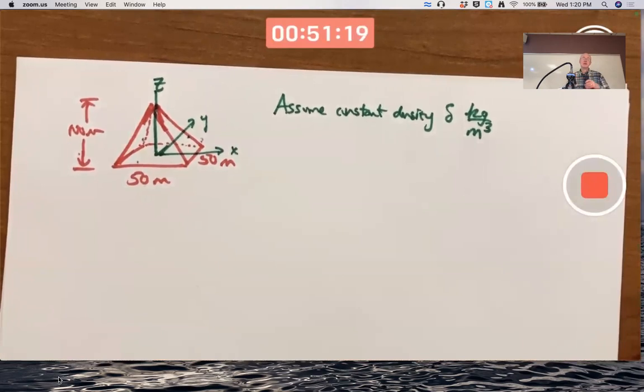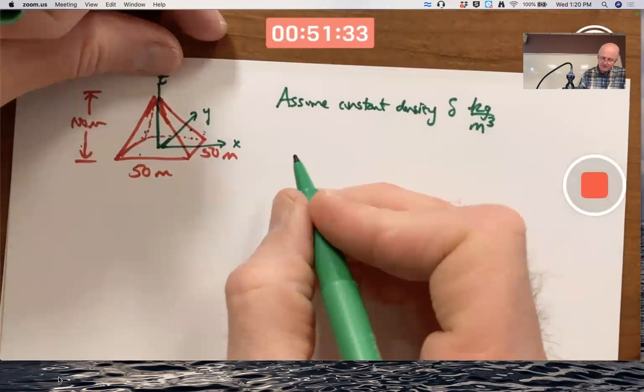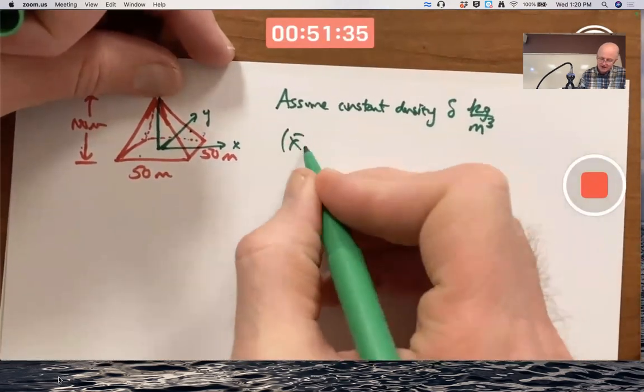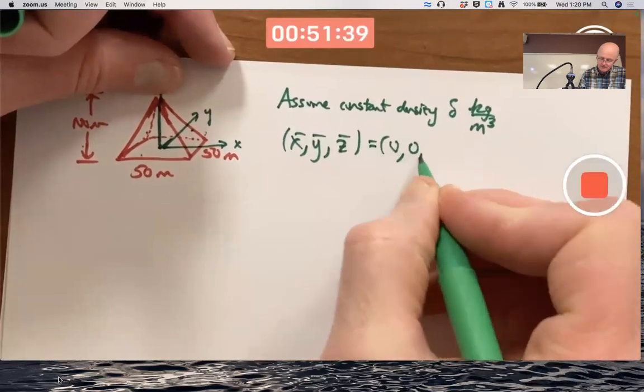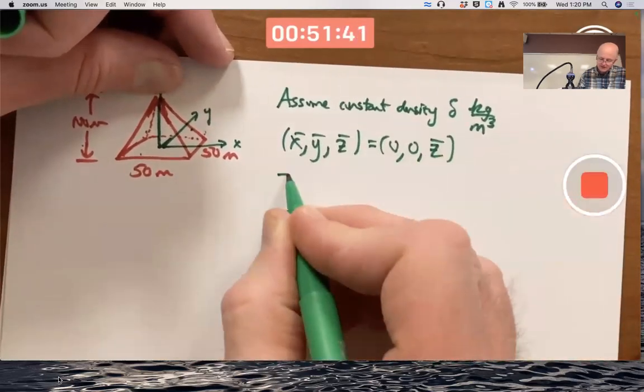I'm just going to figure out the center of mass. And just like before, the delta will cancel. The formula in the book, well, okay, x bar, y bar are both 0. So the only question is, what is z bar?